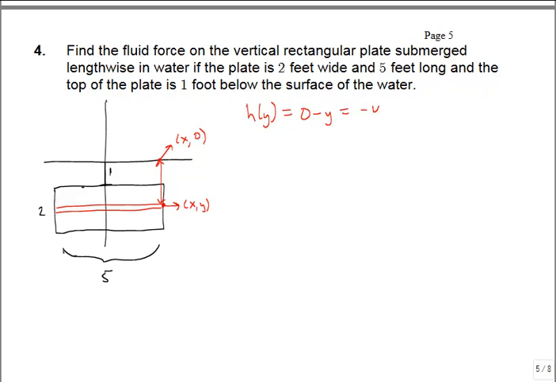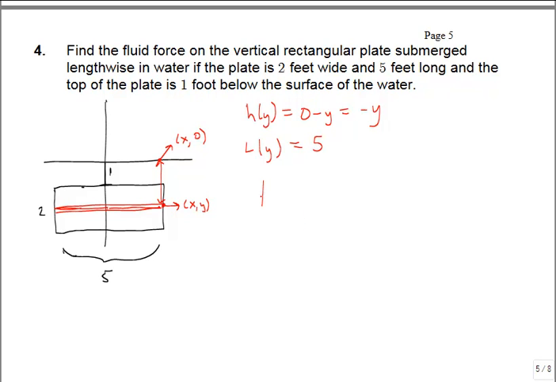So we're going to get that negative y again for our depth. And then for our length, we want to know how wide this is. It's this far out is our x, and this far out would also be that same x, but no matter where you draw your slice, notice that that's always a constant width of 5 because this is a nice rectangle. So every slice that I draw is going to have a length of 5 going across. So this is going to be 5.